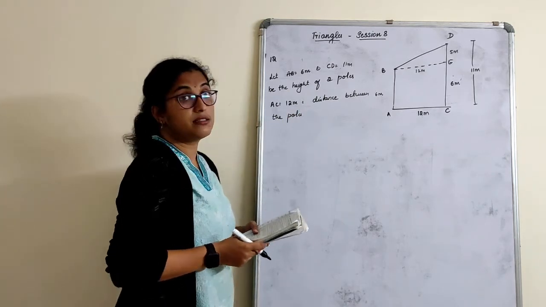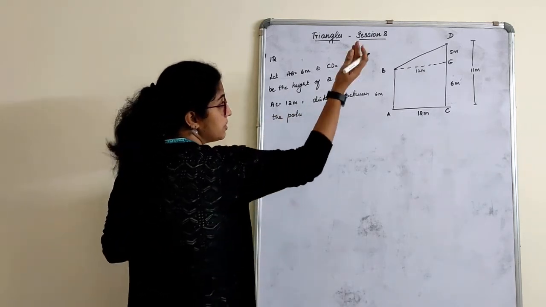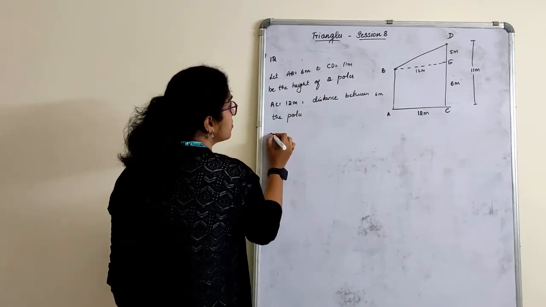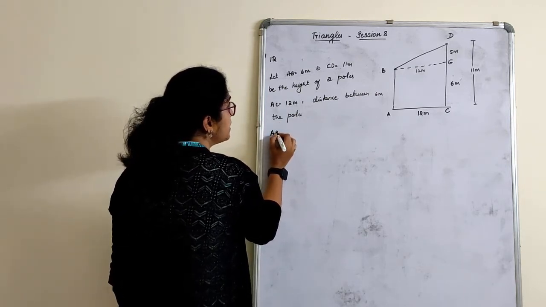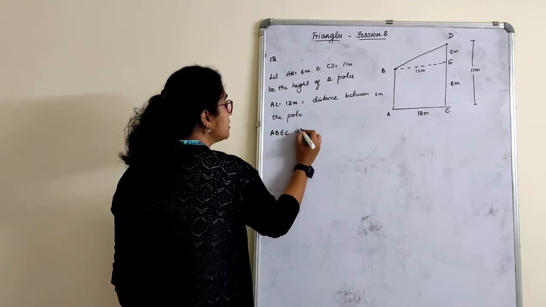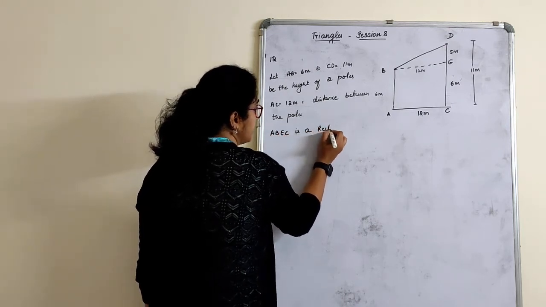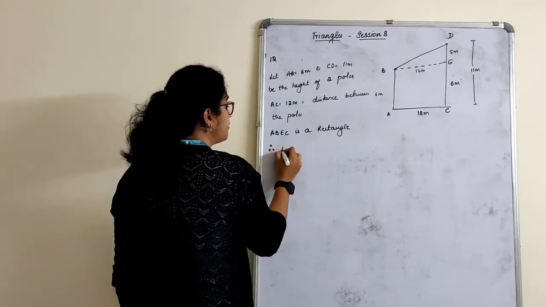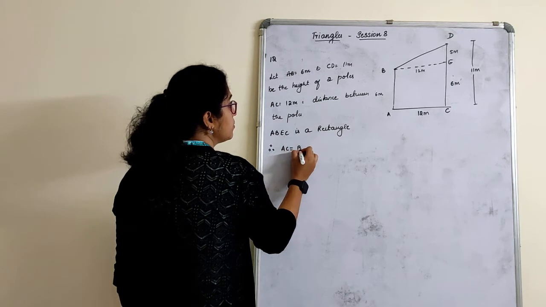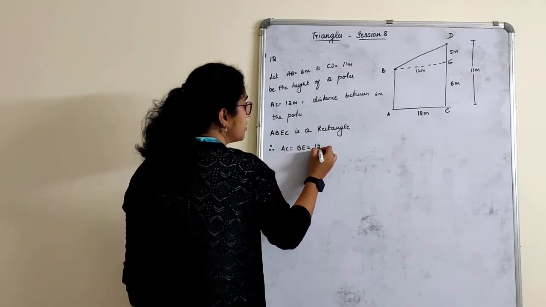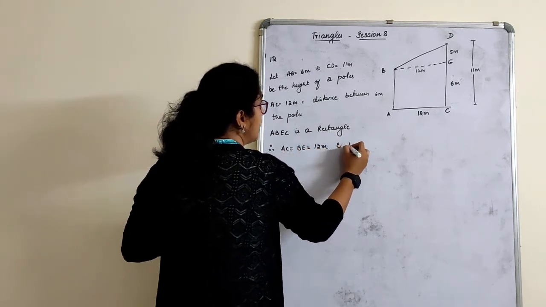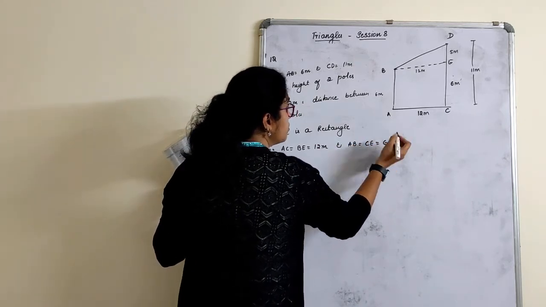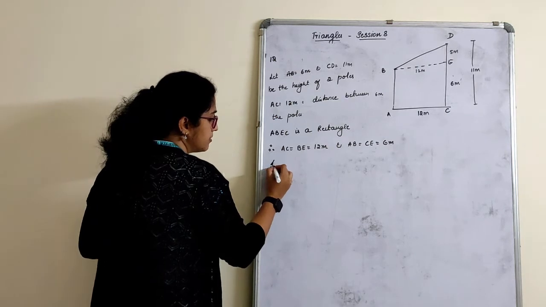Find BD, that is distance between their tops. So ABEC is a rectangle. Therefore, AC is equal to BE is equal to 12 meter and AB is equal to CE is equal to 6 meter. Keep this as this.